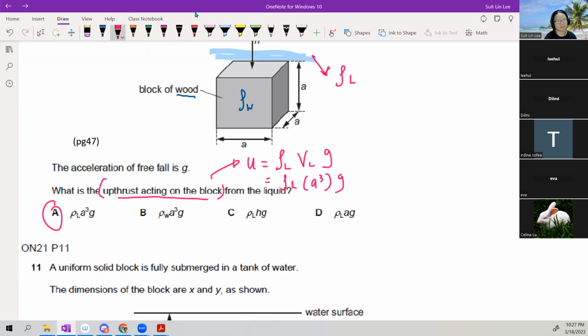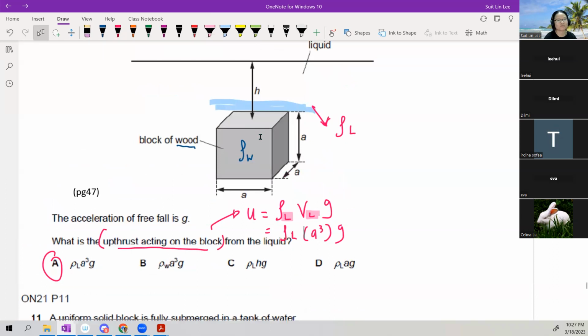So whenever you think about upthrust, the main character here is the liquid. The liquid that is being displaced, the liquid density that matters. It just so happened that the volume of liquid displaced is the same as the volume of the object, as long as the object is fully submerged.